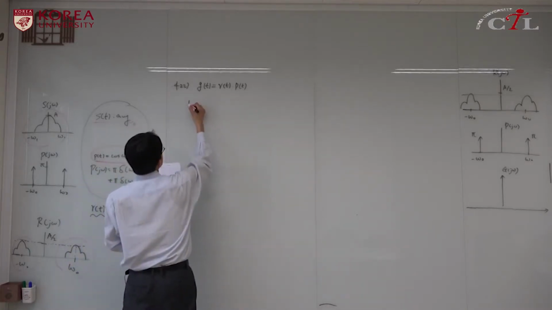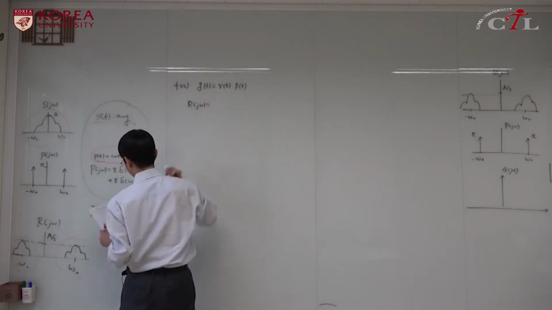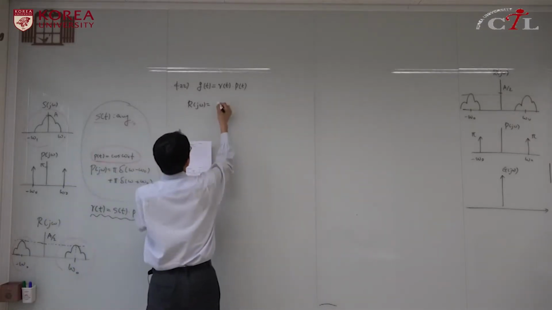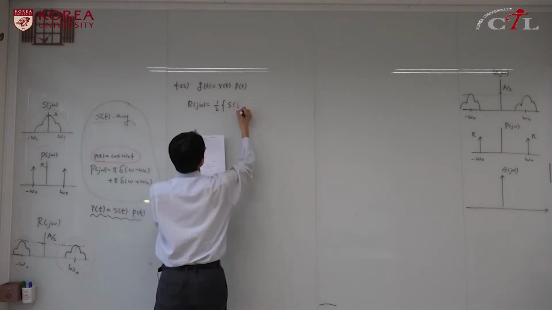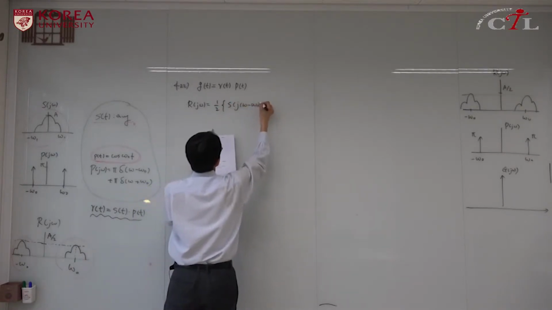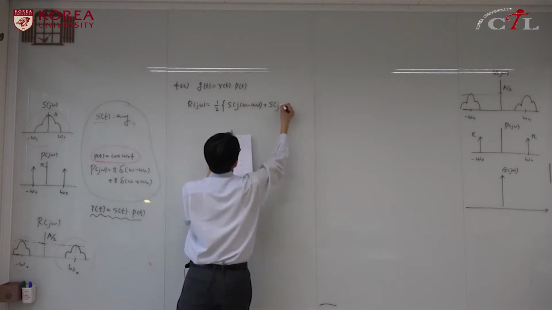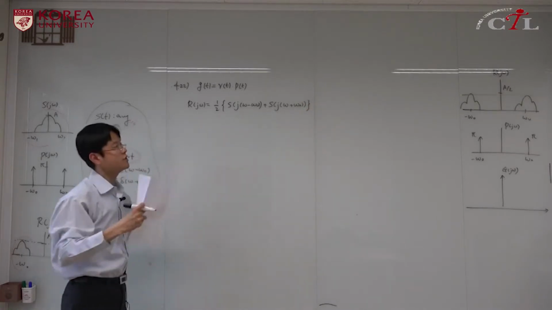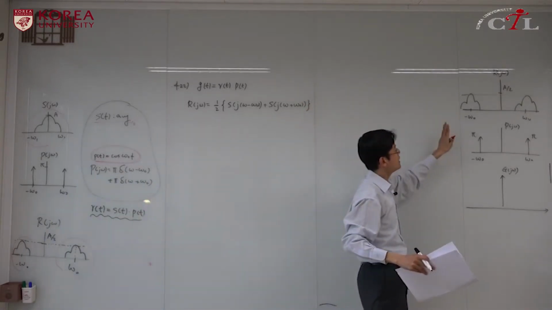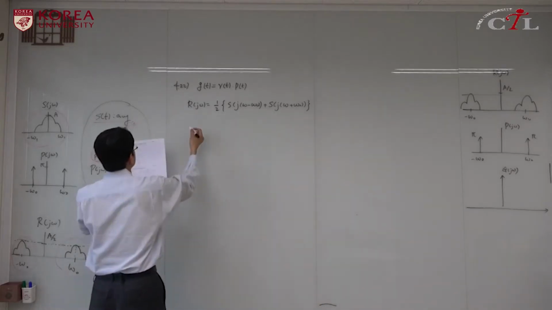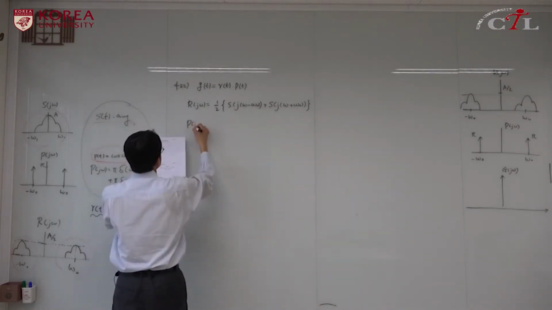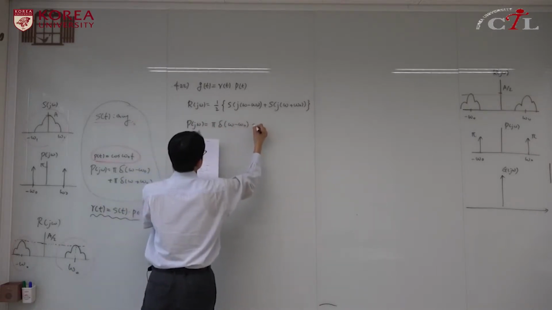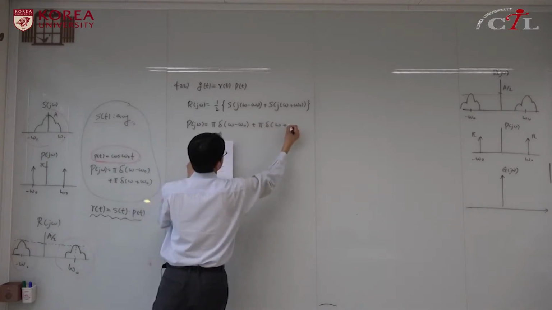Then we know that R(jω) is given here. It's half S(j(ω minus ω0)) plus S(j(ω plus ω0)). Okay, this is what I received here. And I multiply by a cosine function. So the cosine function's P(jω) is π delta(ω minus ω0) plus π delta(ω plus ω0).